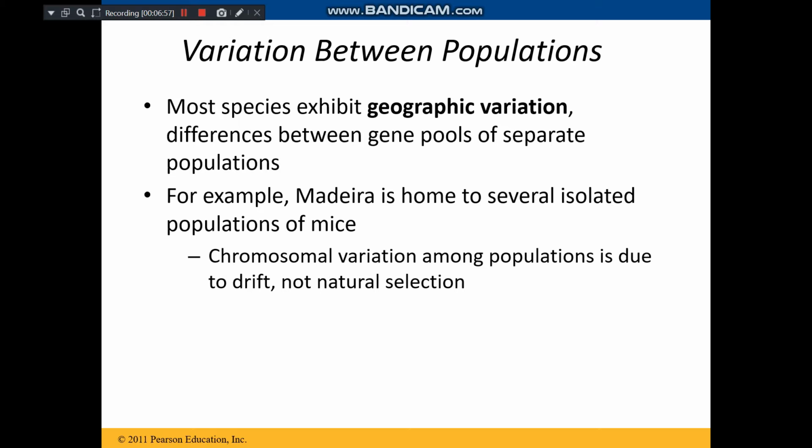Just recollect what we have studied in the Galapagos Islands. Each island has its own gene pool. By seeing the beak, you can attribute that finch to a specific island because morphologically it is distinct. The morphological distinction is because of sharing different gene pools.